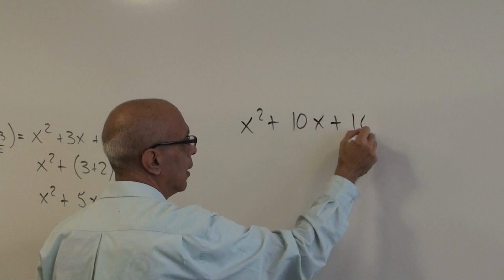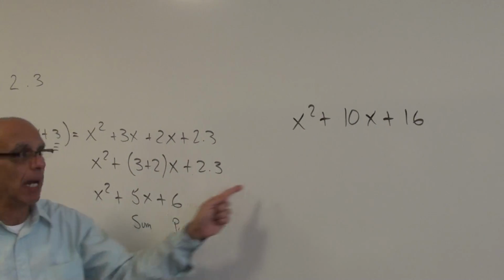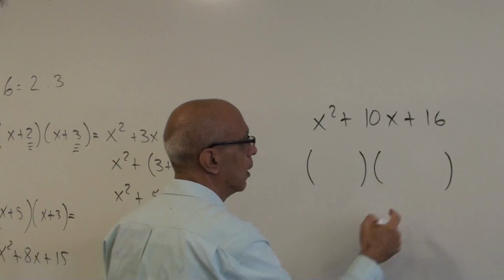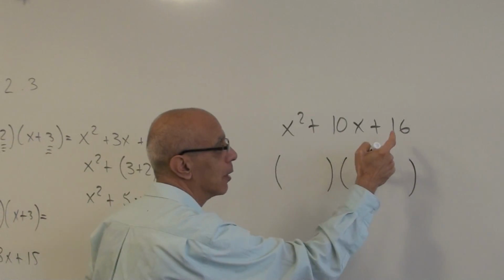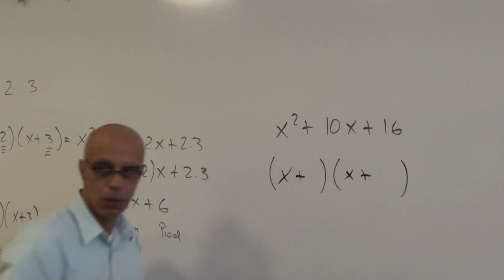So now, if I come to you and say, I have x squared plus 10x plus 16, and I ask you, can you factor that? Can you come up with two numbers that the sum is 10 and the product is 16? What are those two numbers?